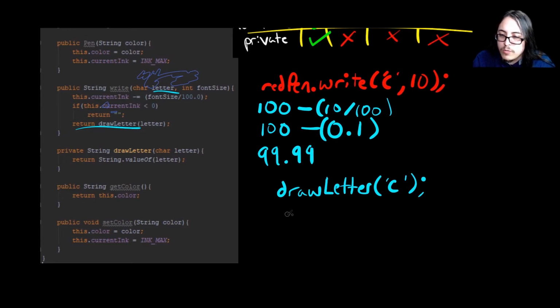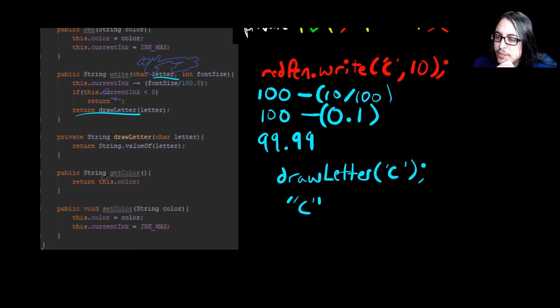Oh, what does string.valueof do? Well, I haven't told you what it does, but hopefully you can guess it from the name of the function and the class it's coming from. String.valueof, passing in a character. So take this character and turn it into its string equivalent. So it just returns C.